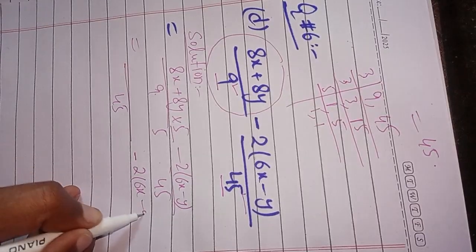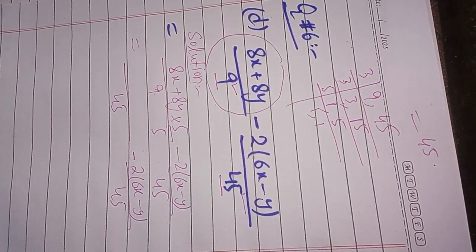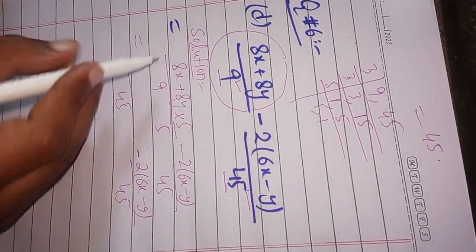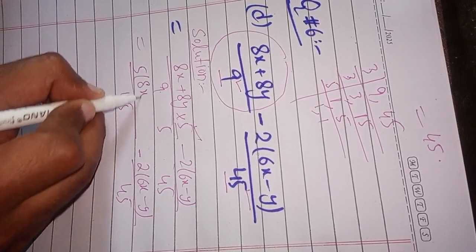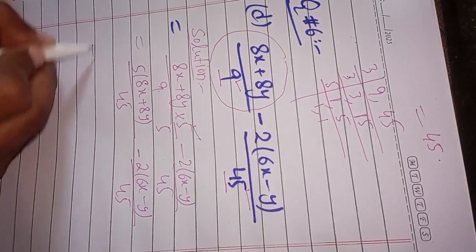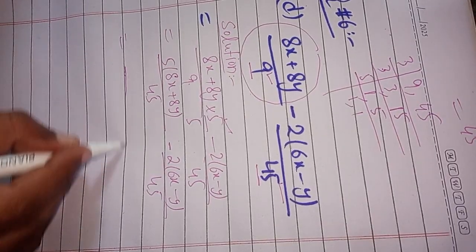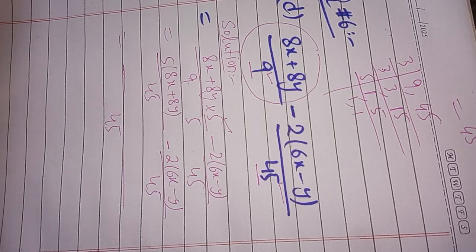Now let's multiply the 5 with the numerator of the first term. If we multiply 5 with 8x plus 8y, we multiply the 5 with 8x, and then we multiply the 5 with 8y.